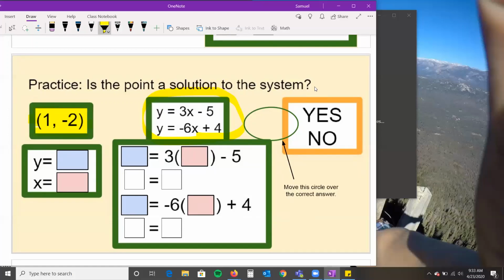And then you can slide your circle in your own slideshow to either yes or no. So go ahead and do that.